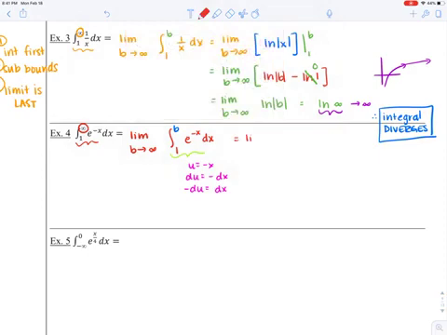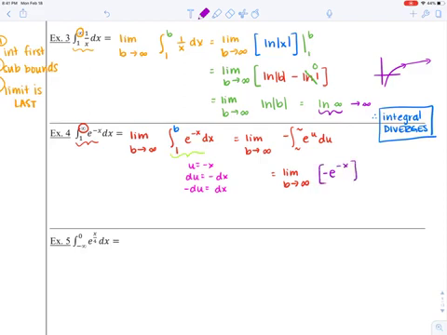And so this becomes the limit as b approaches infinity of negative e to the u du. Okay? If I take my antiderivative, it would be negative e to the u, so negative e to the negative x.